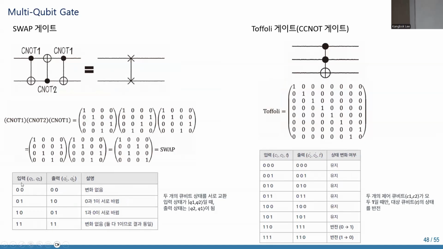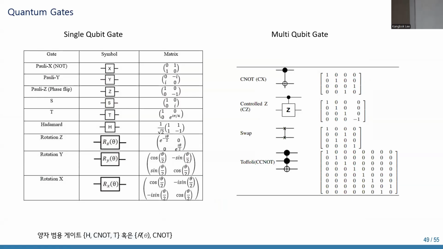The swap gate exchanges this one and this one, just swapping. The Toffoli gate doesn't change anything here, but only when the control qubits are 1 do you change the target here. This is the Toffoli gate, a major 3-qubit gate. So this is a summary page. You have to know about the single qubit gates and the multi-qubit gates.